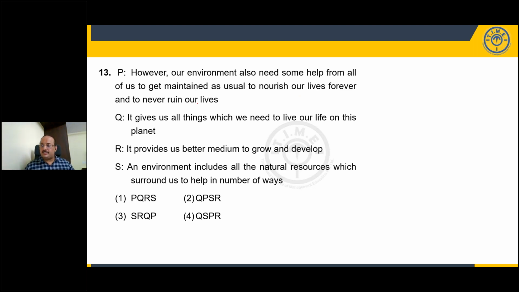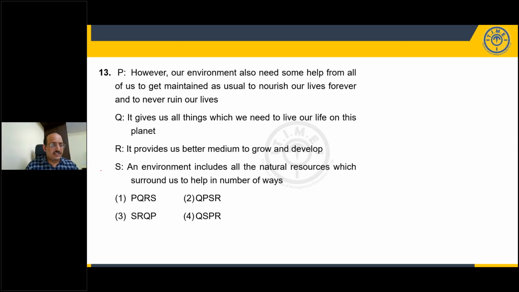So the environment needs some help from us to be able to maintain so that it can support us and not ruin us. It gives us all things which we need to live our life on this planet. It provides us with a better medium to grow and develop. An environment includes all the natural resources which surround us to help in a number of ways. So I'm talking about how the environment around us helps us.